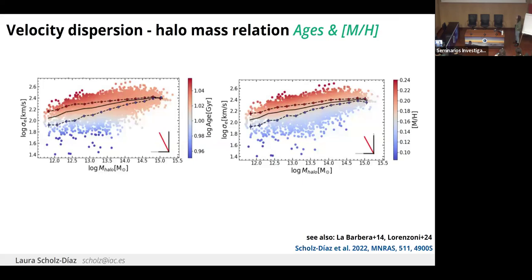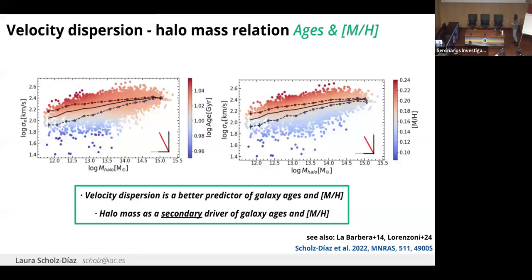But again, even though this correlates strongly with velocity dispersion, we still see a secondary dependence on halo mass once we account for this dependence on velocity. So we find that velocity dispersion is a better predictor of the stellar populations than stellar mass, but again, we also see this secondary behavior of halo mass driving the galaxy stellar populations.